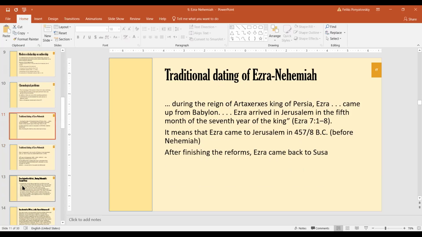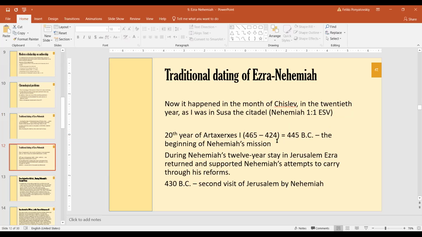For example, Ezra came first, and he came about 457 before Christ. And after he completed his mission, he came back to Susa, the capital city. And after that, Nehemiah came, about 444 BC. And somewhere in the middle of Nehemiah's stay, Ezra came back.